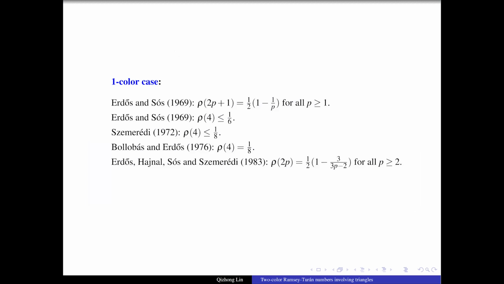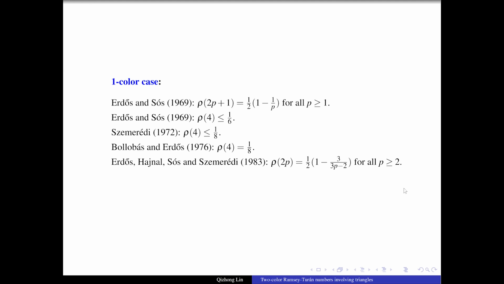And for the even case, it seems much harder, apart from the trivial case K_2. As an early application of the regularity lemma, Szemerédi showed that the density for K_4 is at most 1/8, and there was no non-trivial lower bound until Bollobás and Erdős gave a geometric construction. And finally, Erdős, Hajnal, Sós and Szemerédi determined all the even cases.